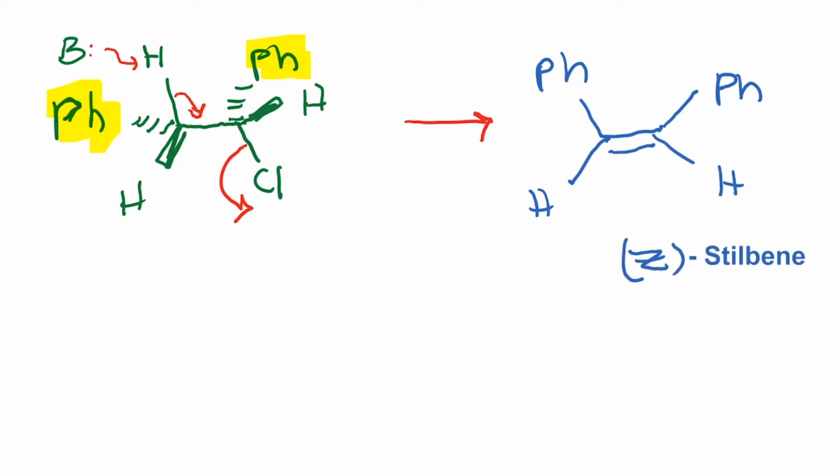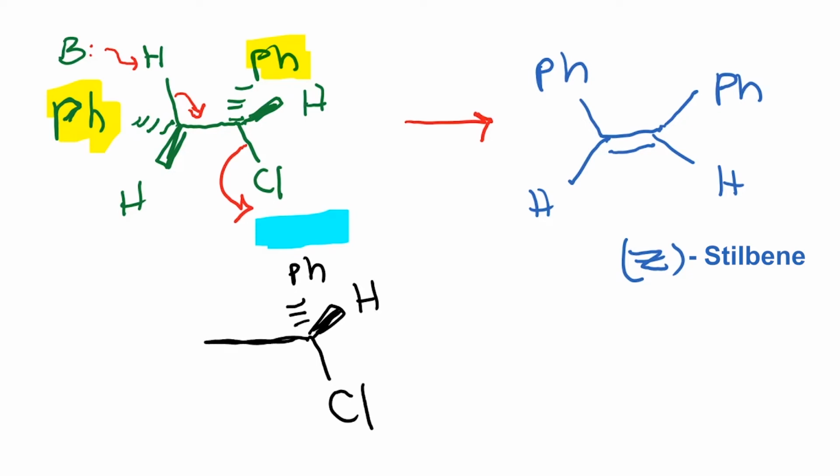Now I can always do some rotation of this bond. We keep this carbon constant and rotate this carbon over here. Let me draw this out: we have phenyl, hydrogen, Cl, and this is the carbon-carbon bond. When I do the rotation, I move this hydrogen further down, and the phenyl ring is going to be over here.